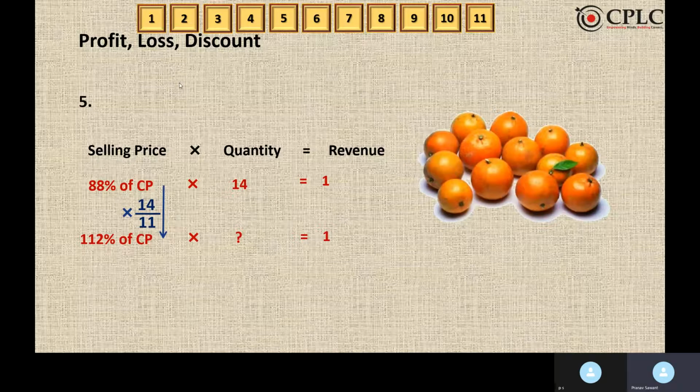If we have multiplied by 14 by 11 at the selling price place, we will have to multiply the quantity by 11 by 14 as it's inversely proportional. So we'll simply reverse the fraction that we have. So 14 into 11 by 14 will give us 11 as the quantity, and 11 is the answer.